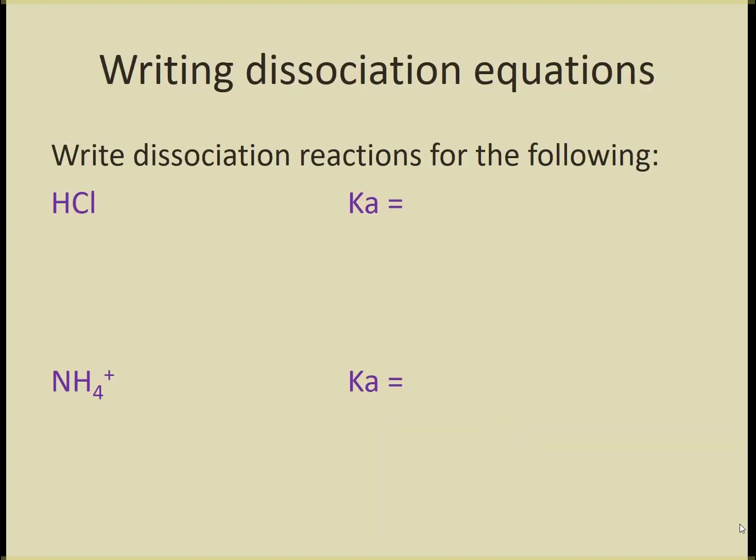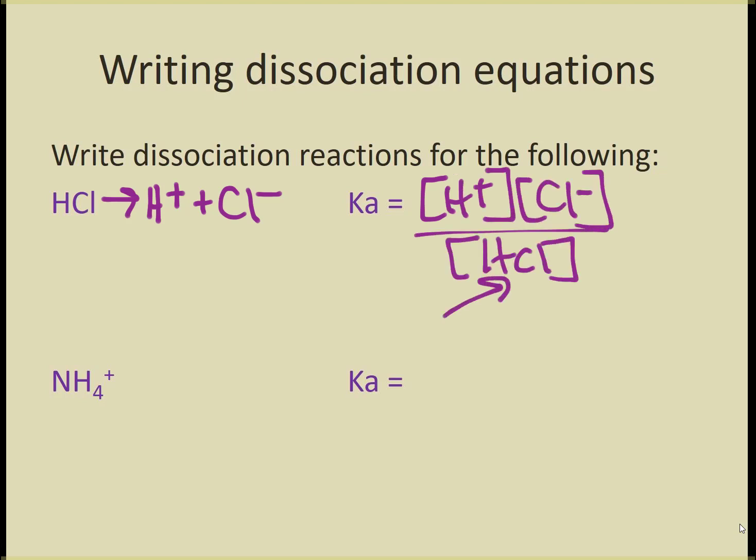When we write dissociation equations for a strong acid, it dissociates completely, and we don't really use Ka acid dissociation constants for strong acids, because the reactant concentration at the bottom is essentially 0. So in that case, this ends up being just a very, very large number because it only has products.